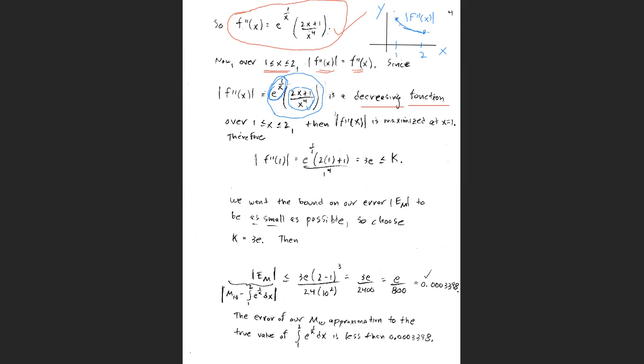All right, so there's the second derivative, or the absolute value of the second derivative, but it's the same as the second derivative. So it's a decreasing function. Where is this function maximized? If you look at between 1 and 2, all the x values, this whole interval here, what x value is the function maximized at?